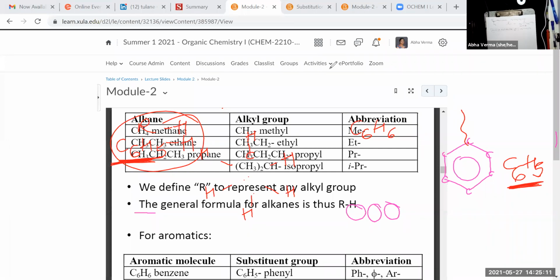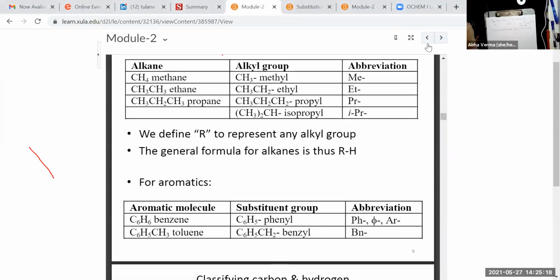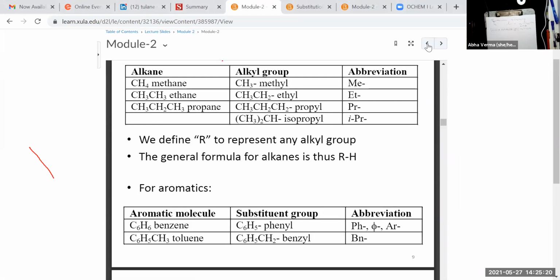In this particular set, where we have an aromatic group, all the hydrogens are present. This is C6H6.